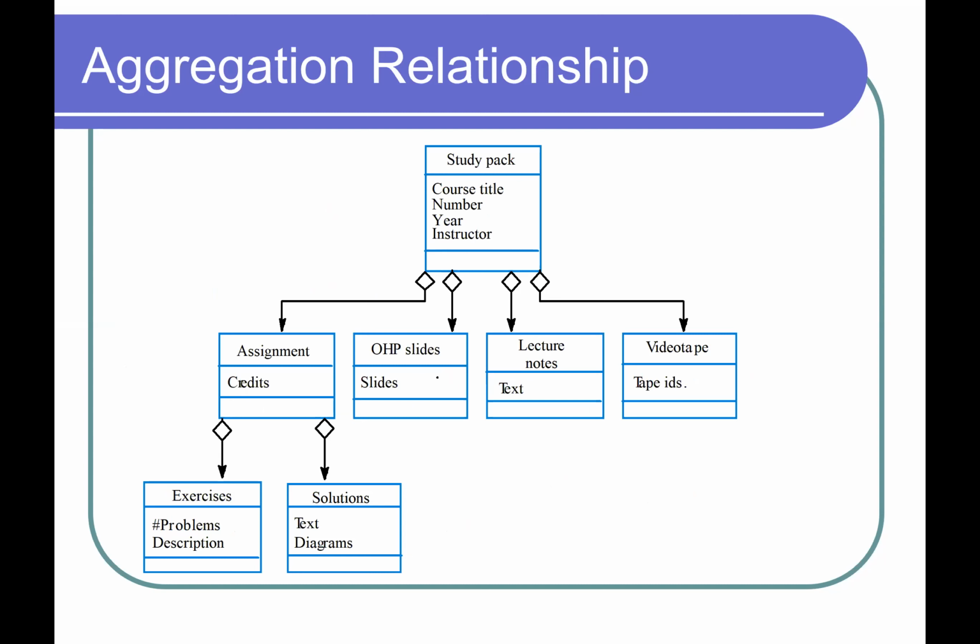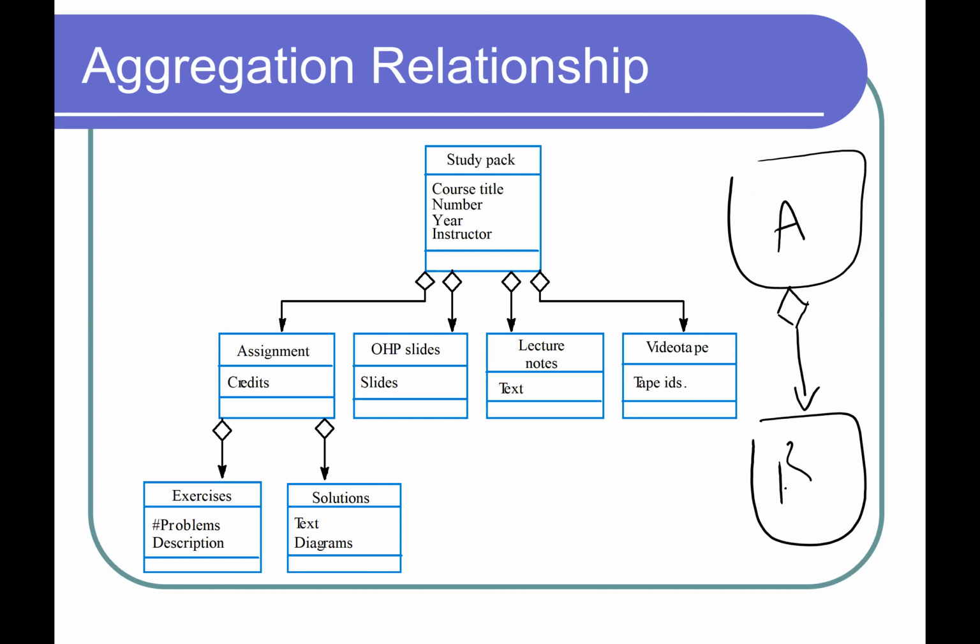Now, what is unique about the aggregation is that if this aggregation connection is disconnected, then the parent lives on and the child lives on as well. In other words, especially from the perspective of the child, it lives on even if the parent was disconnected from it.